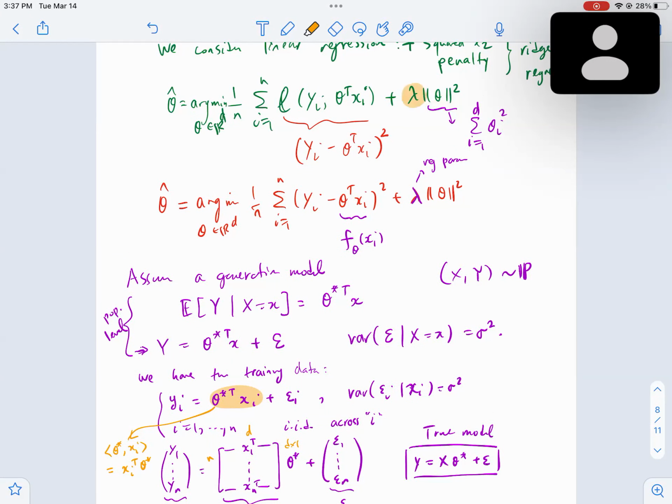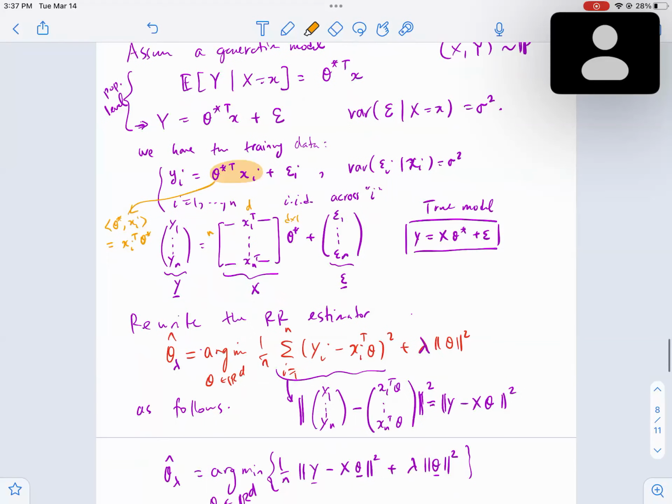and this is called a regularization parameter. This procedure of adding a penalty to control the parameter, to the empirical risk or the loss function, is one way of performing regularization. So we want to see what effect it has on the estimator.